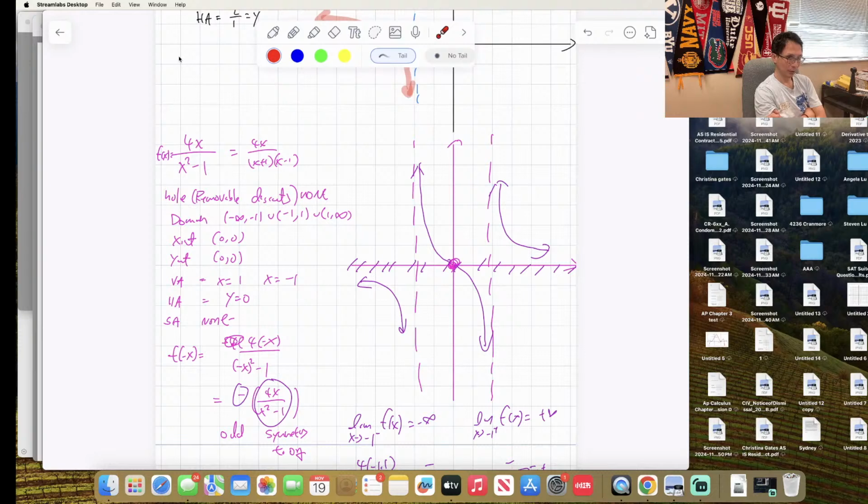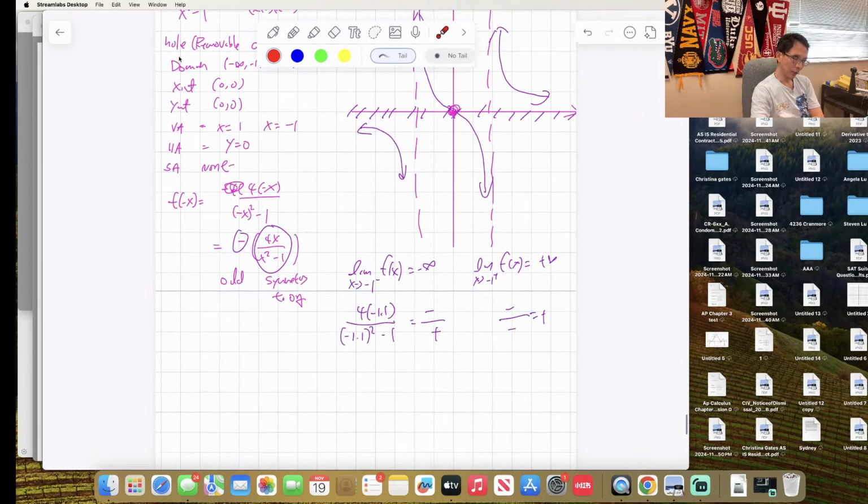Why negative 1.1 instead of negative 1.9? If I approach negative 1 from the left side, that means here, right? Here it has to be negative 1.1. If I'm getting so close to it, 0.1 away from this asymptote, it's going to be less than 1. So it'll be negative 1.1. If you plug in negative 1.1, that's going to give you a negative. You can try this one too.